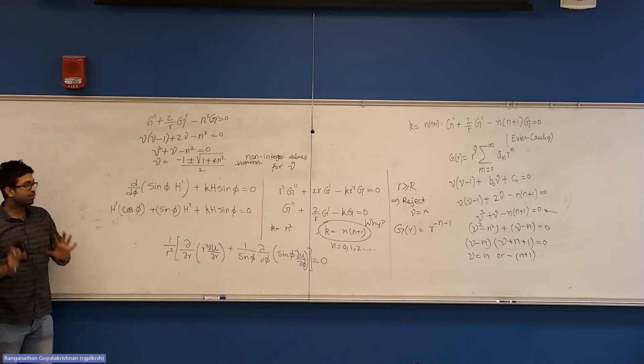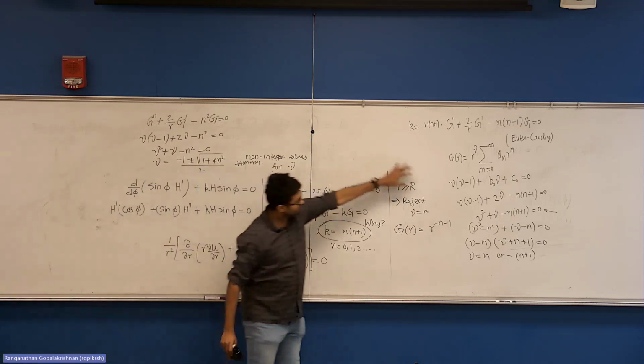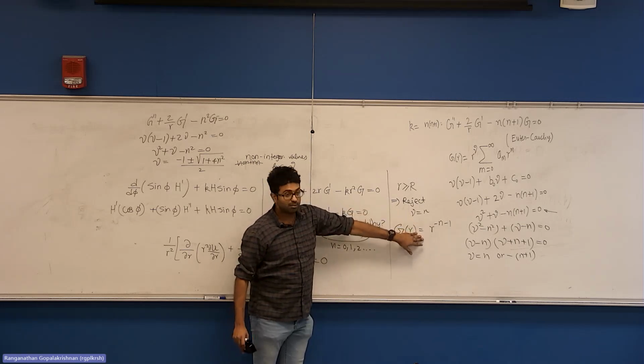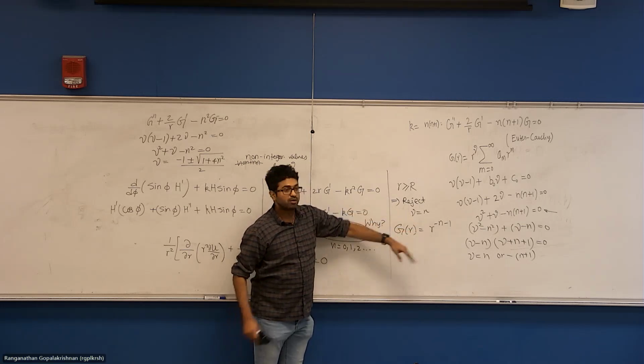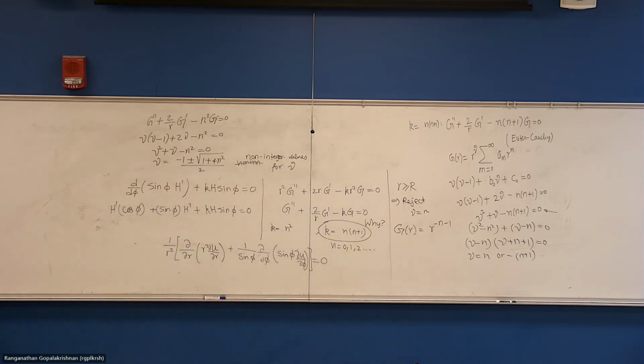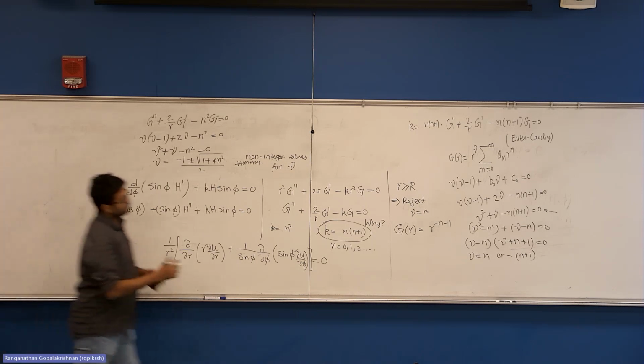But since we have a book and they tell you exactly to do this, we end up with this and reject n and take n minus 1. Why? Okay, that's a question to think about. So we are moving forward with this solution.